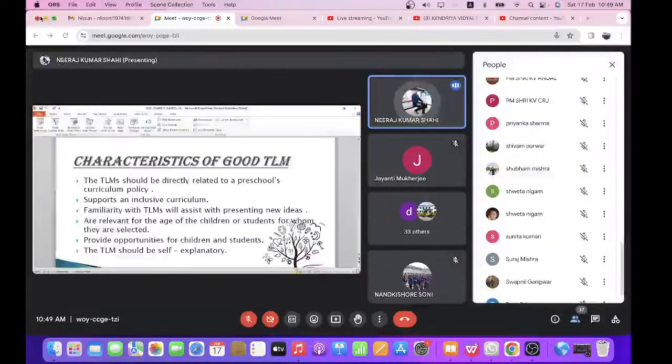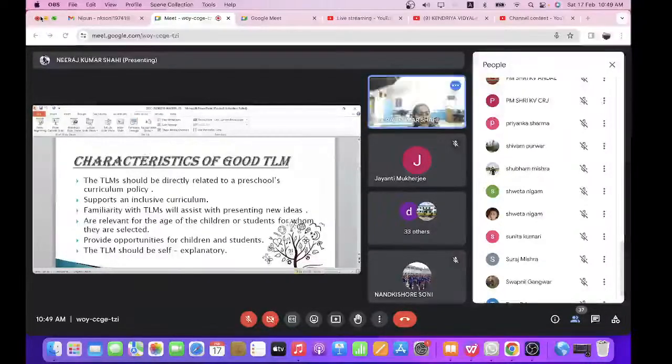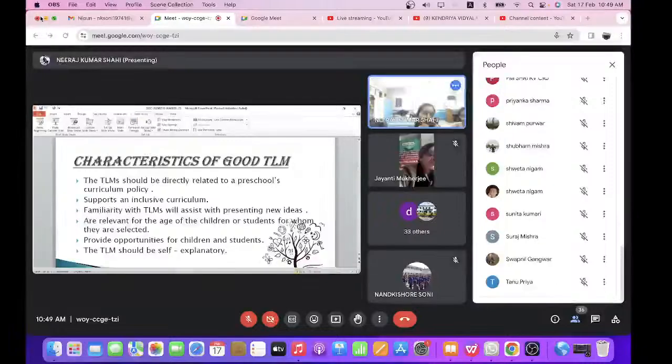The second one is that it supports an inclusive curriculum, as we support inclusive education in our KBs. If our classrooms have some students who are special, whatever TLM we make should be inclusive. Familiarity with the TLM we are using should always assist in presenting new ideas.